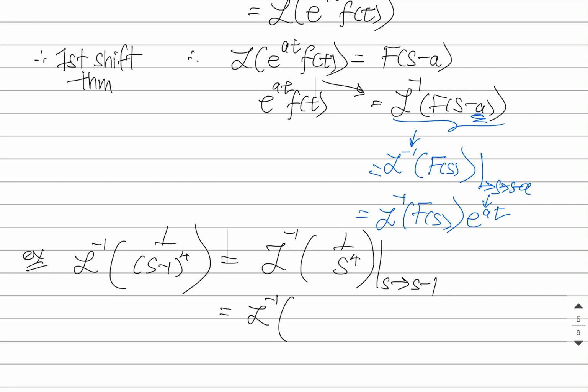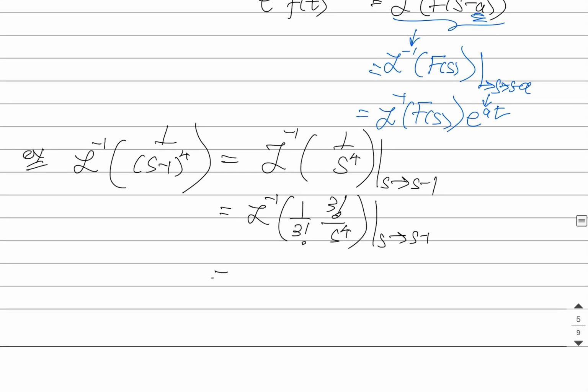So remember that this needs a 3 factorial up top and a 1 over 3 factorial down below. And I'll have this s into s minus 1. This is going to give me 1 over 3 factorial, inverse Laplace transform of 3 factorial over s to the 4. And remember, according to the shifting theorem, that shift is going to end up giving me an exponential function with a 1 upstairs.